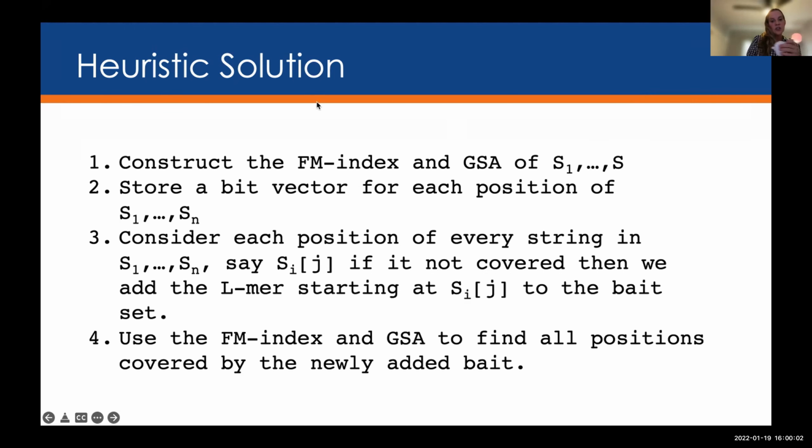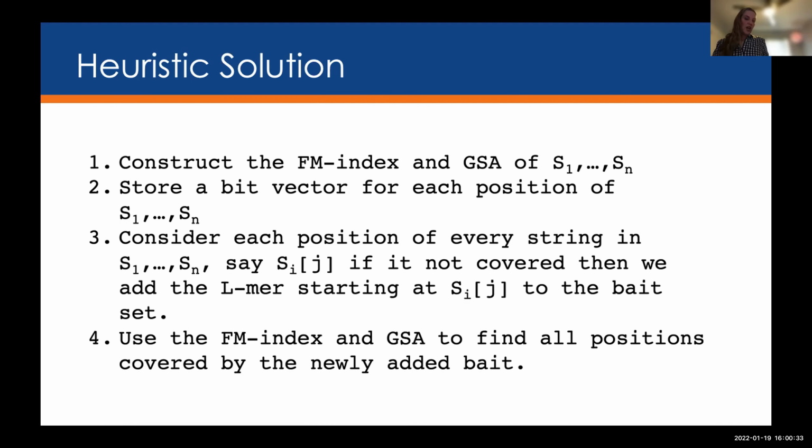We consider each position of every string and ask, is that position covered by a bait? We simply check our bit vector to answer that question. If it's not, then we take that L-mer starting at that position to be contained within our bait set.